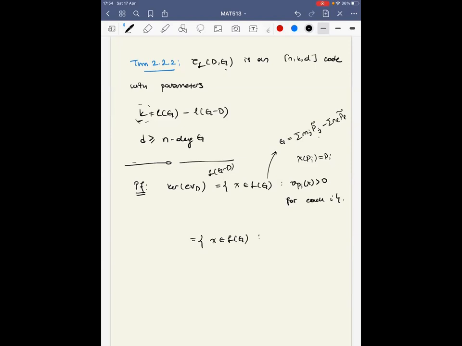by the definition of the Riemann-Roch space, we know that the principal divisor of x is bigger than or equal to minus G, and because they're also in the kernel, that means for each pi, this is also strictly bigger than this quantity.